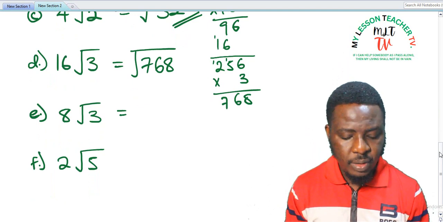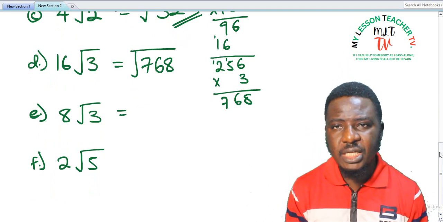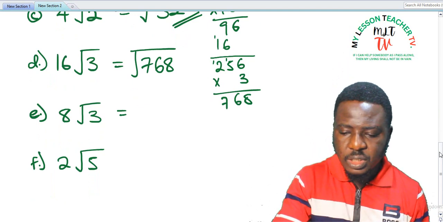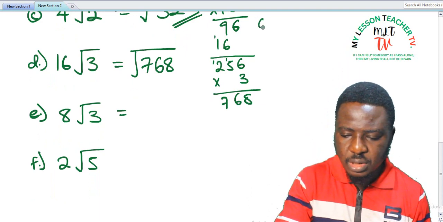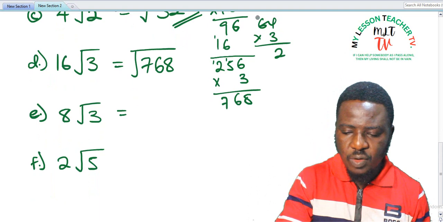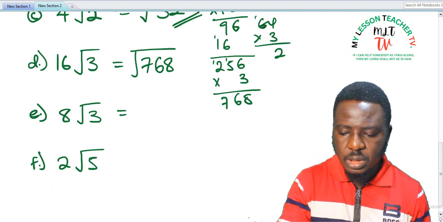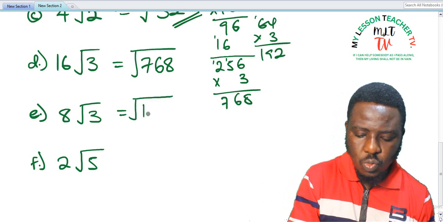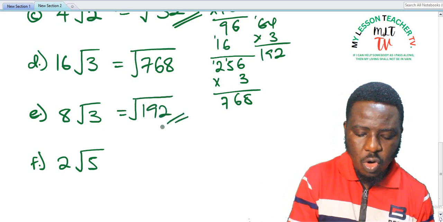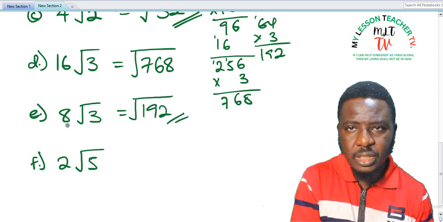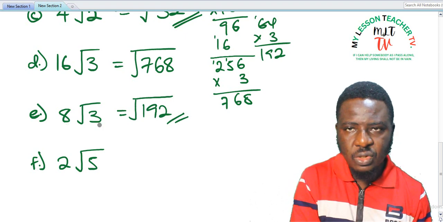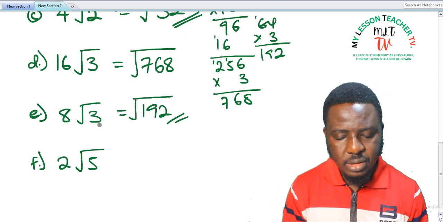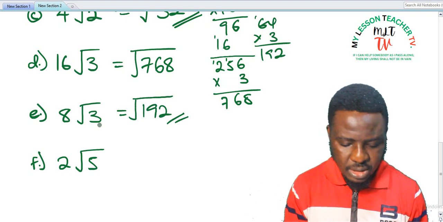E, 8 root 3. Square of 8 is 64. 64 times 3 is 192, which is equivalent to root 192. All you have to do is to square the rational part and multiply it with the digits in the irrational part.